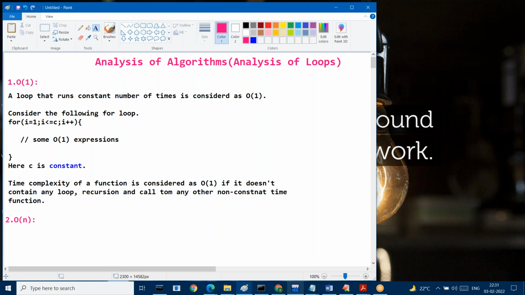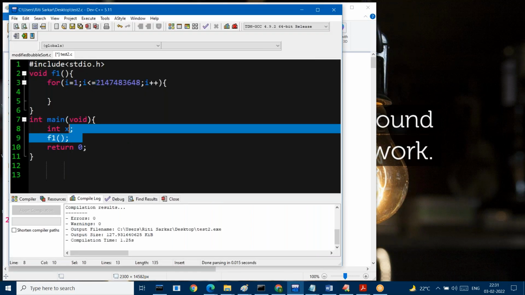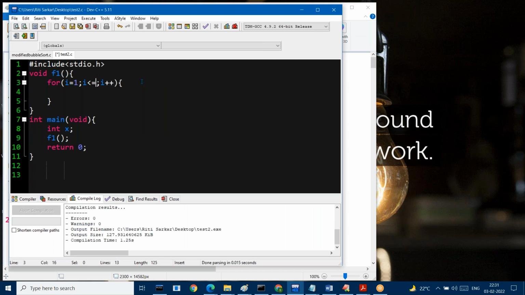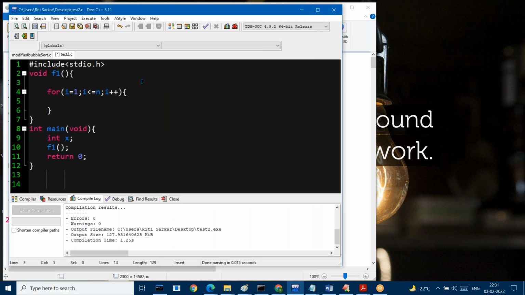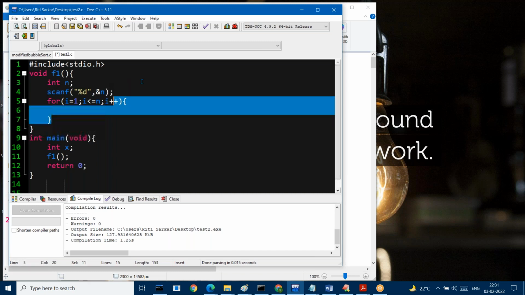See here, suppose you have a loop, and you have int n here, and you read that n value through the scanf function. I'm not writing the printf function here because I'm not writing the C code. I'm just giving you the clarity.